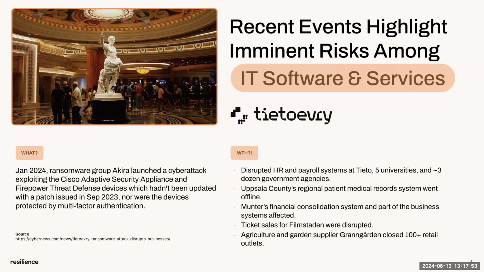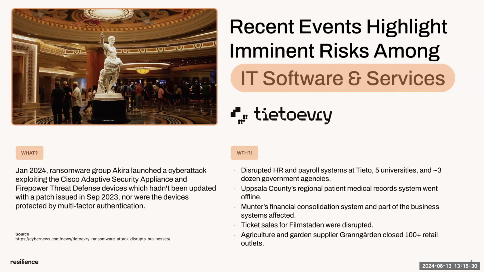So the net effect on the Tieto Evry system was that it disrupted the payroll for Tieto, approximately 5 different universities in Sweden, and 3 dozen government agencies. Uppsala County's regional patient medical system was offline, so this now goes into the health effects or the human safety effects. Munters, a financial consolidation system and part of the business systems, was affected.